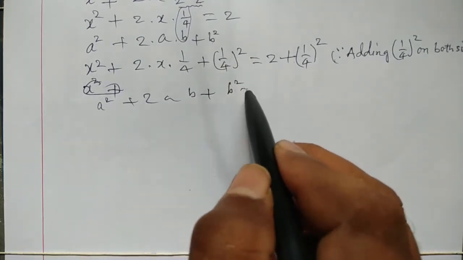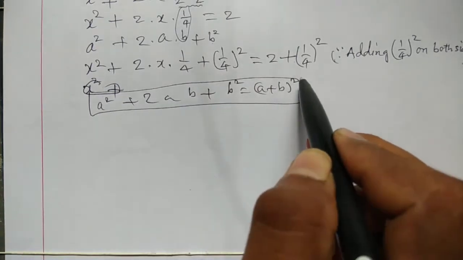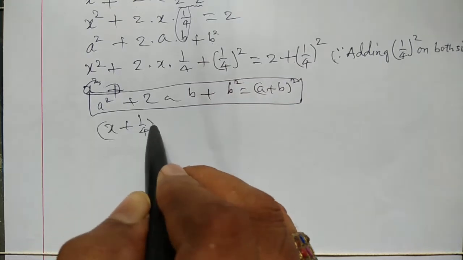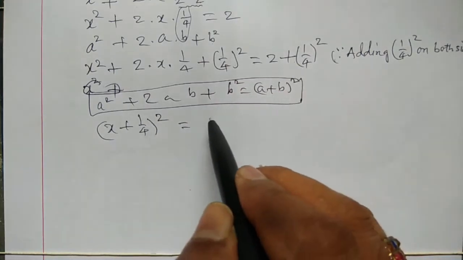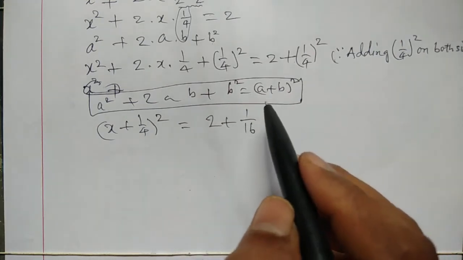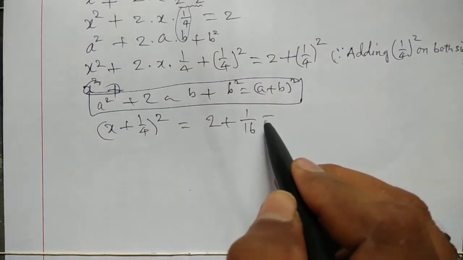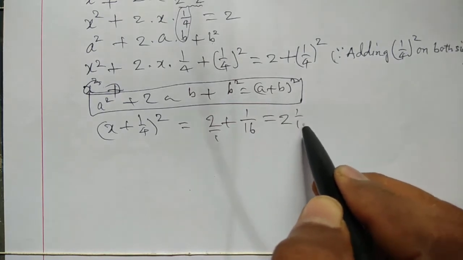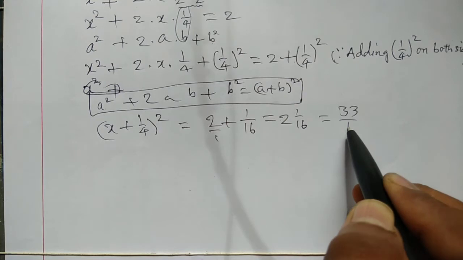That's why we can write (a + b) whole squared. (x + 1/4)² = 2 + 1/16, which we can write as 32/16 + 1/16 = 33/16.